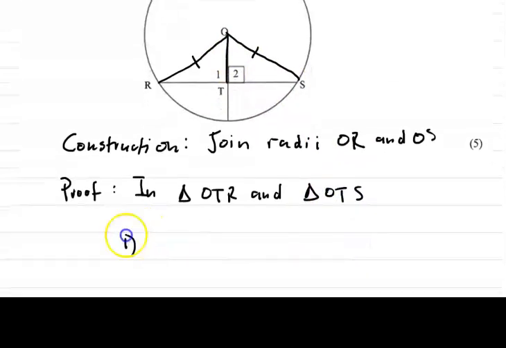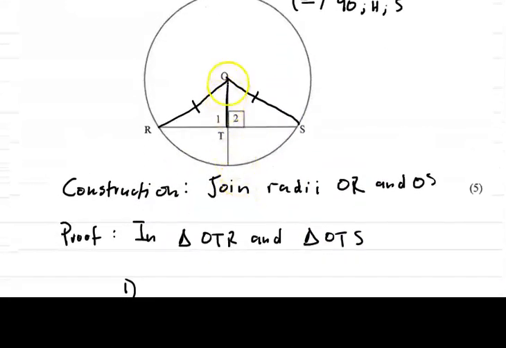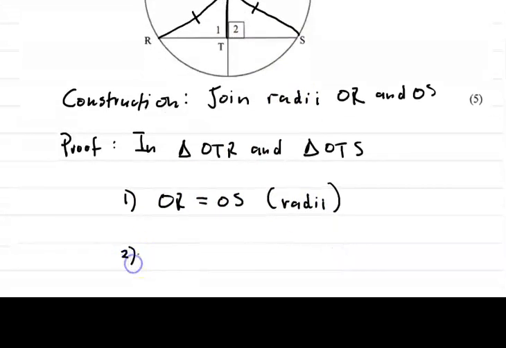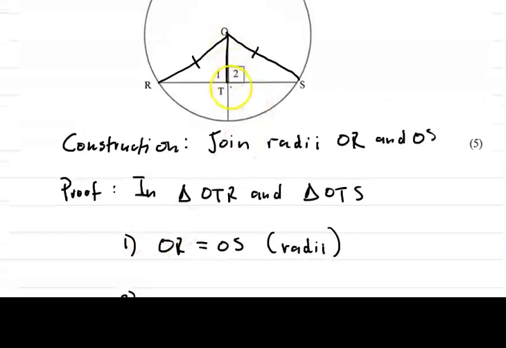Our first statement will be that OR equals OS, radii. My second statement will be that OT is common.